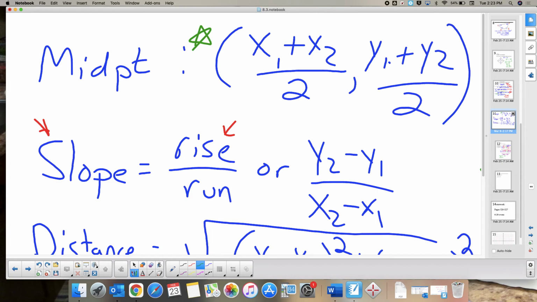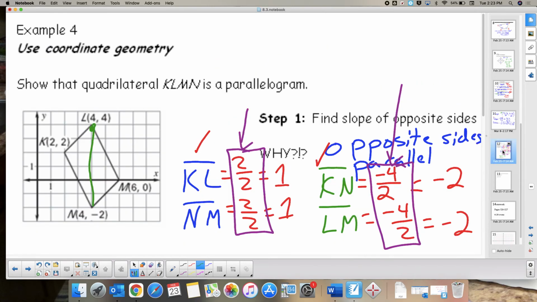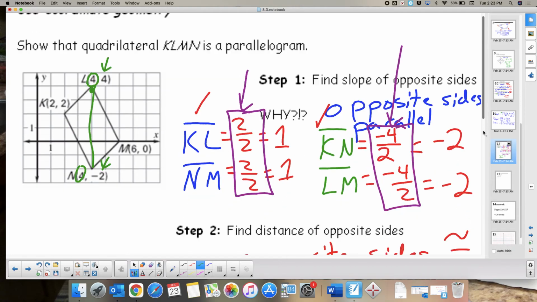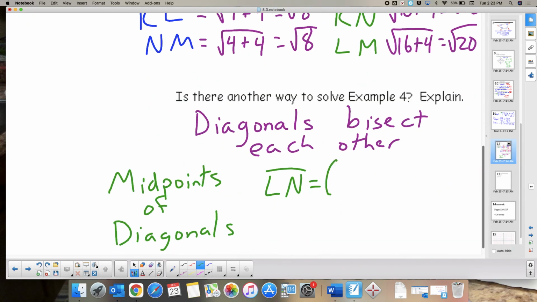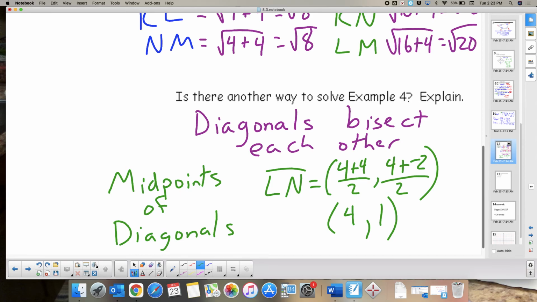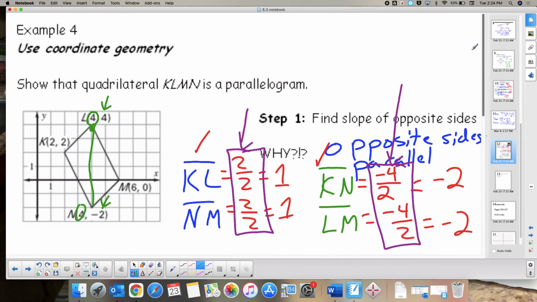We add our y's and divide by 2. So my x's are 4 and 4. My y's are 4 and negative 2. So I'm going to do 4 plus 4 divided by 2, and 4 plus negative 2 divided by 2. So we are going to get 4, 1. There's my midpoint of LN.